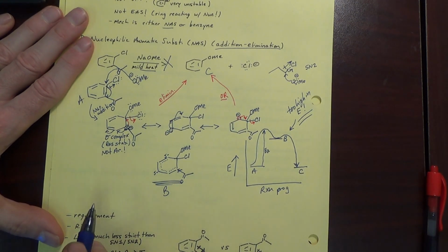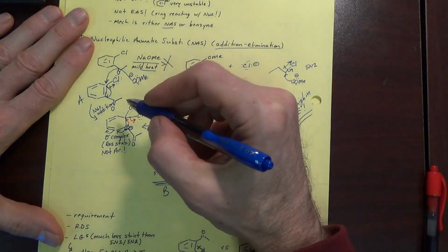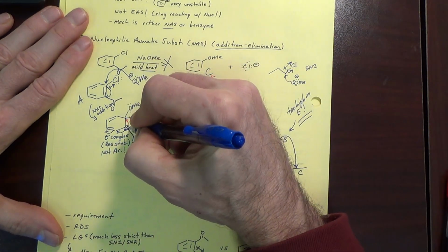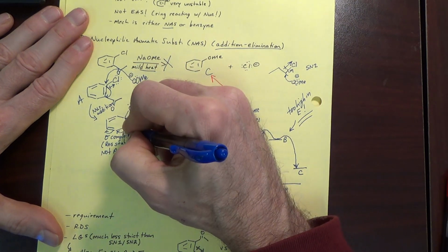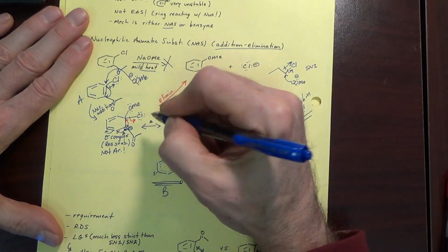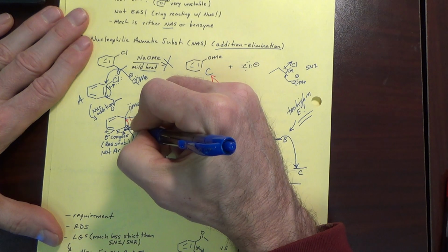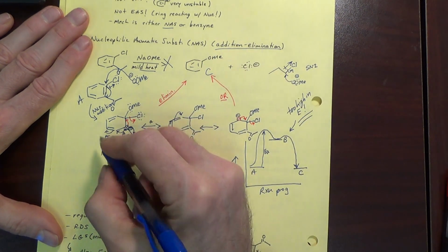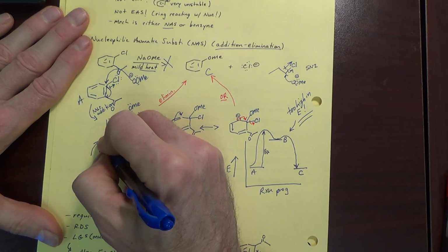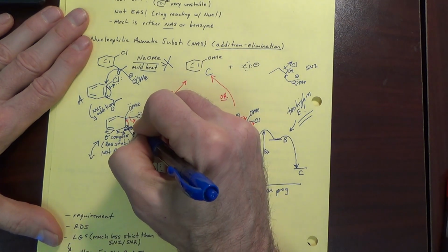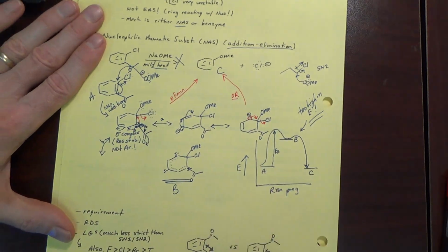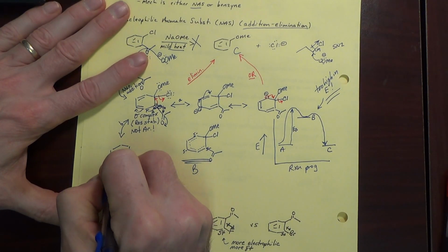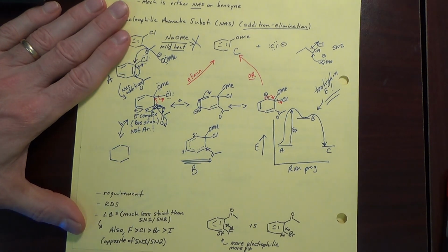And the answer is yes, because right here, we would get an additional resonance structure. These electrons, if we go this way, I'll call that A. But if we come this way, electrons here, and move this pi bond out onto oxygen, and I'll call that B, we would get an additional resonance structure. Please pause the video and draw it.